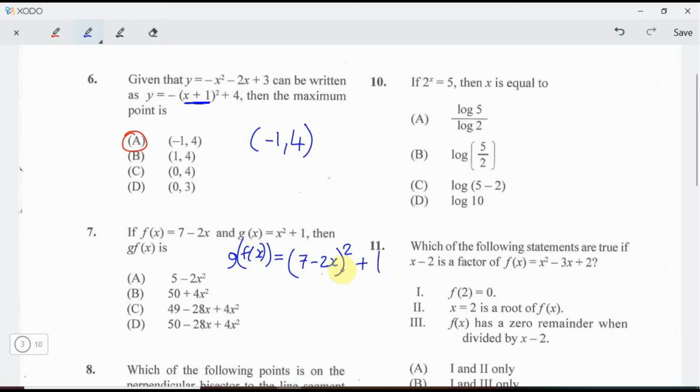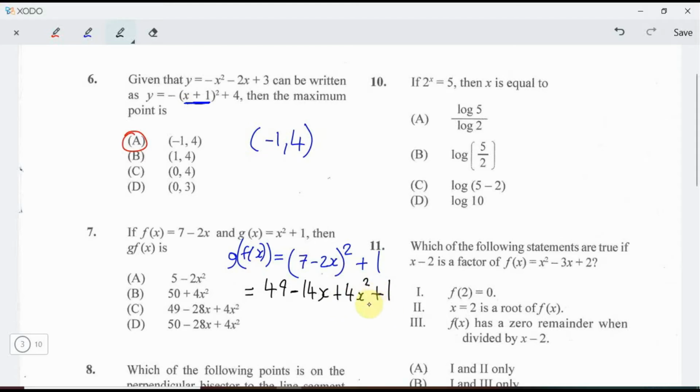Alright, and so all we have to do now is just simplify this beautiful equation. It becomes first term squared, 49, minus twice the product of the 2. 2 times 7 is 14, and 2 times 14 is 28x. Then negative 2x, when you square it, that becomes plus 4x squared, plus 1.